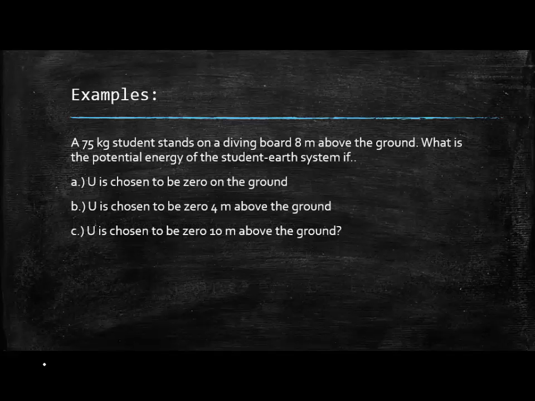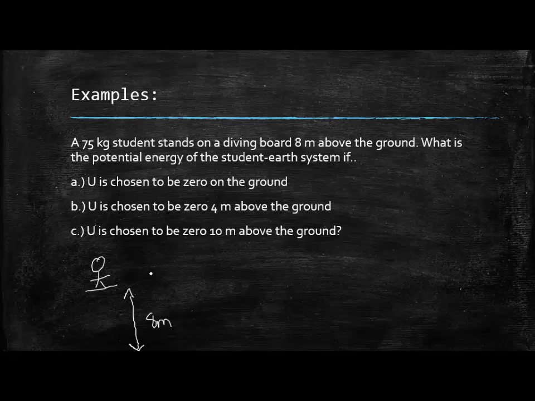Let's say you're on a diving board 8 meters above the ground. Your mass is 75 kilograms. What is the potential energy of the student, if this is the student? They've got a big head, apparently. And this is 8 meters high.